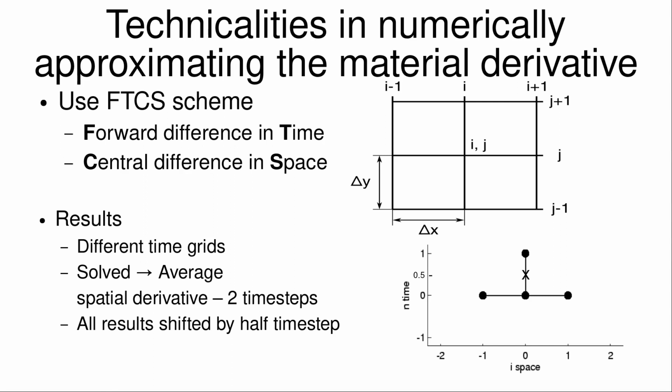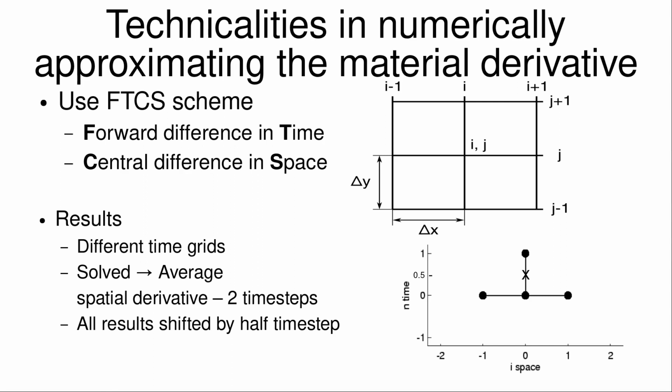Some of the issues that were evident when we were applying this methodology is that, due to the way that we numerically derive the Eulerian partial time derivative needed for the material derivative, it had the effect of shifting all temporal grids forward by half a time step.